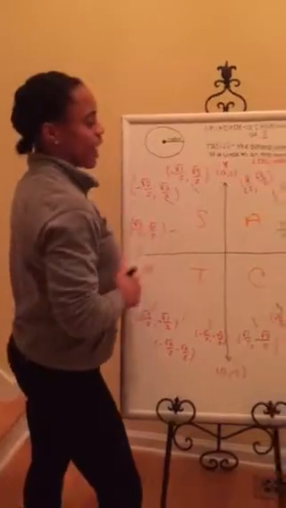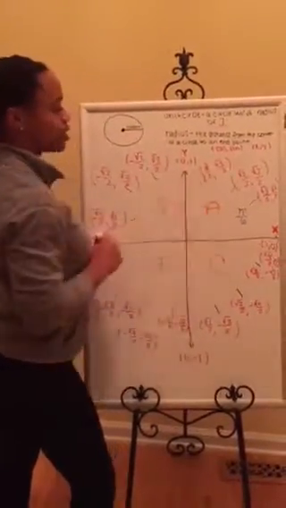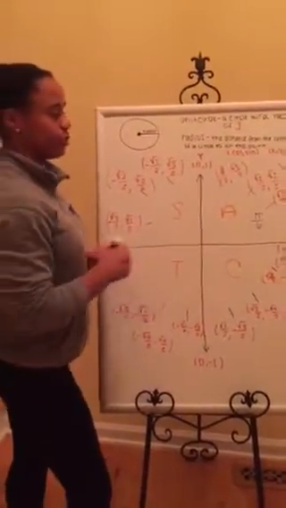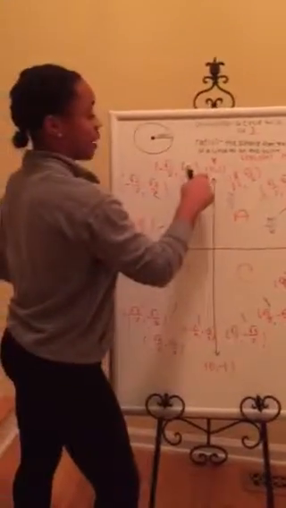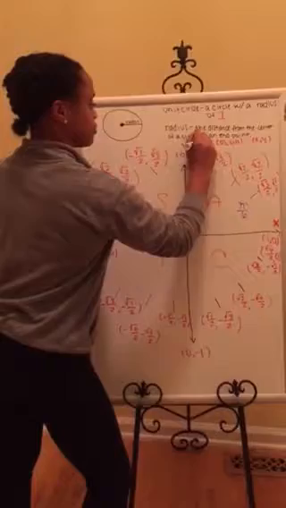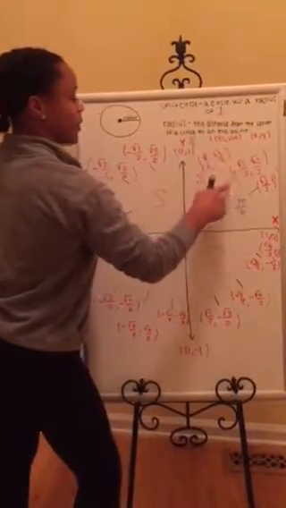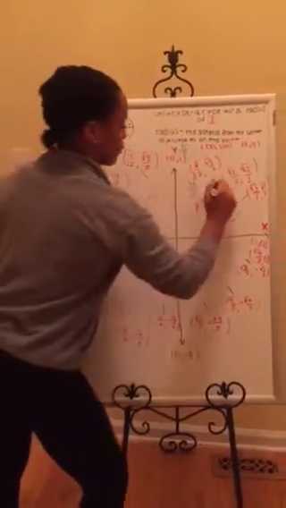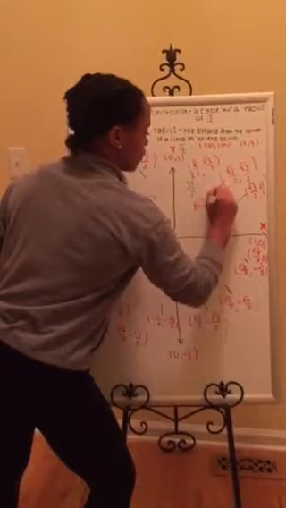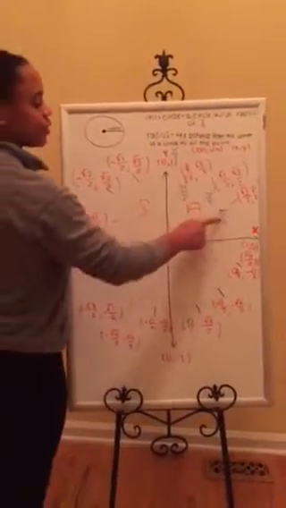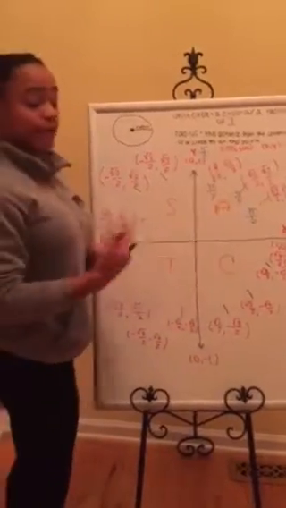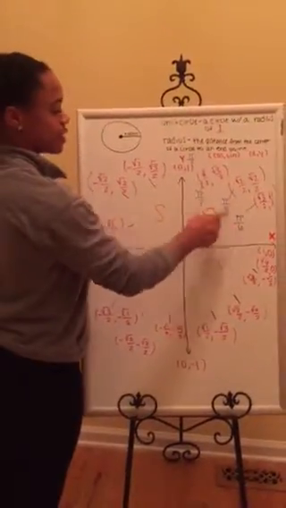So also we have pi over 3 and we have pi over 2. Now this value is pi over 4.